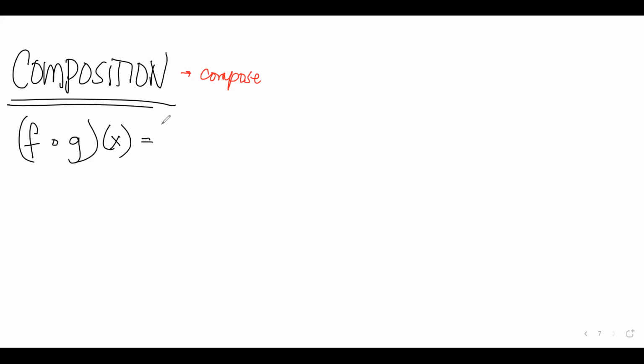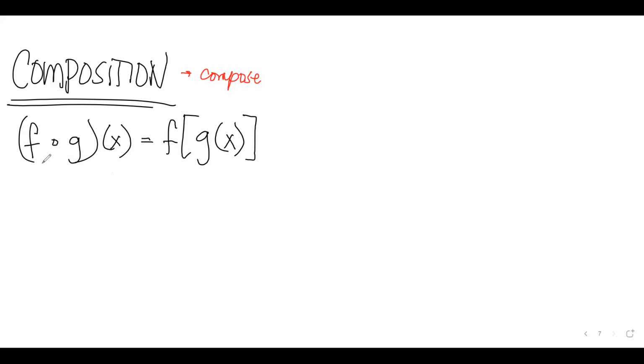So, yan na siya. So, kung meron tayong f of g of x, ibig sabihin, yung isang function, ipapasok natin sa isa pa. Kung sino yung nasa hulihan, yun yung ipapasok.